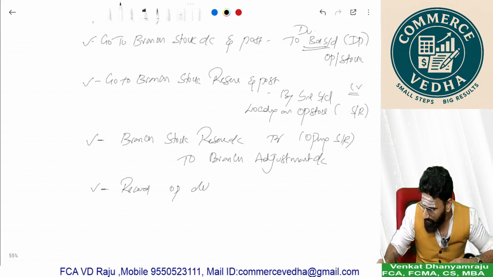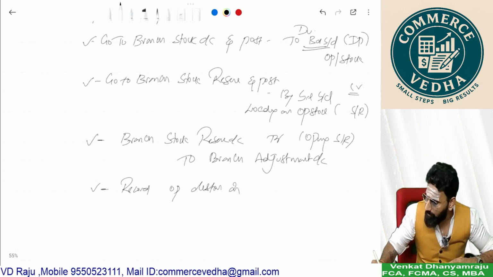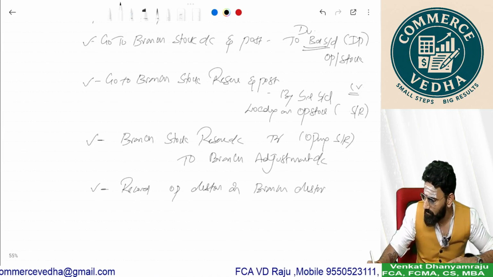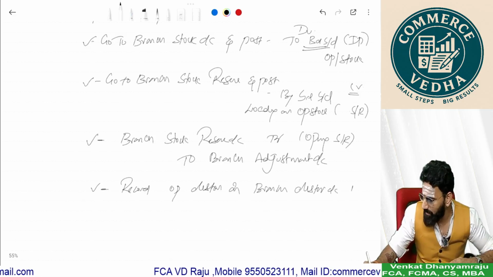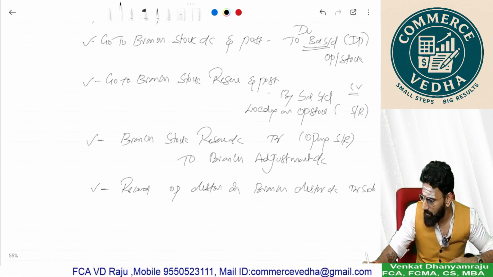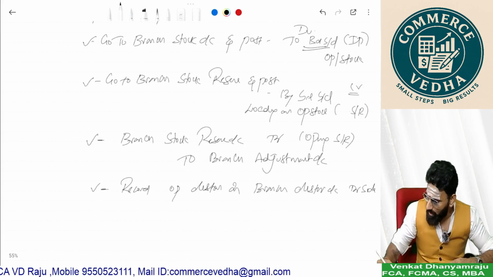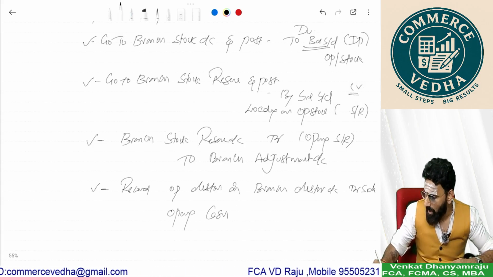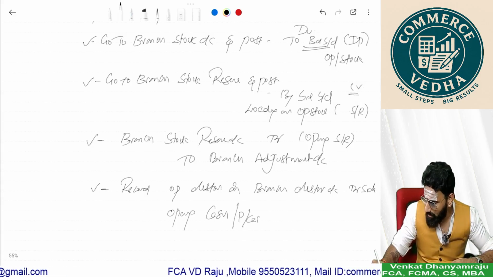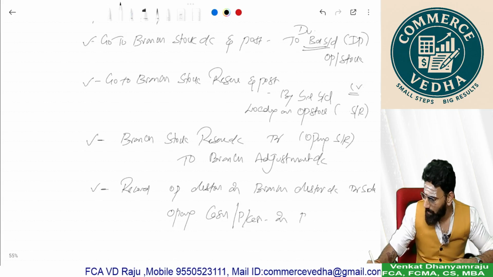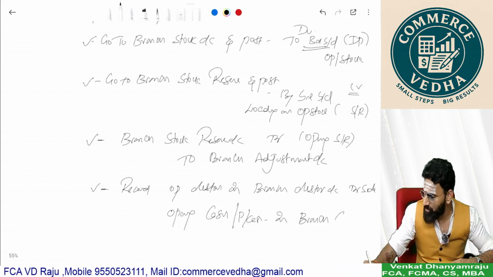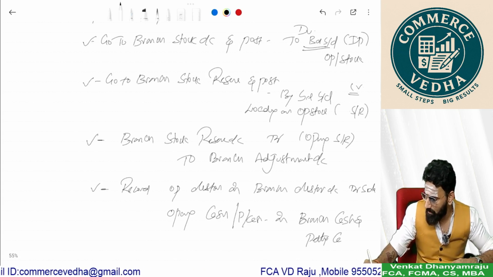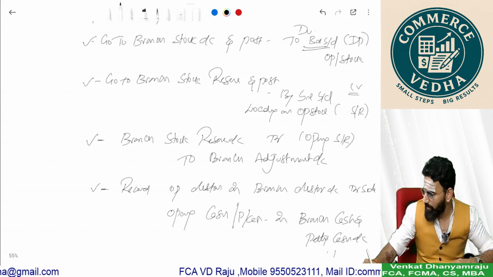Now the next one is to record opening debtors in the branch debtors account debit side, and record opening cash and petty cash in the branch cash and petty cash accounts debit side.